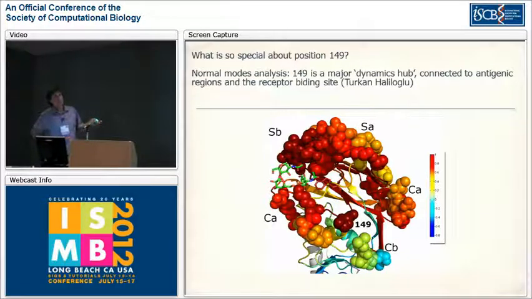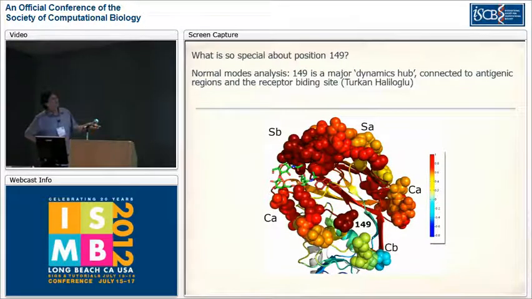For that, Turkan Haliloglu did normal mode analysis to find the most important modes of motion of the protein. This residue, 149, was found as a major hinge for the motion. Here in this slide you see the correlation between the motion involved in this residue and motions in other parts of the protein.